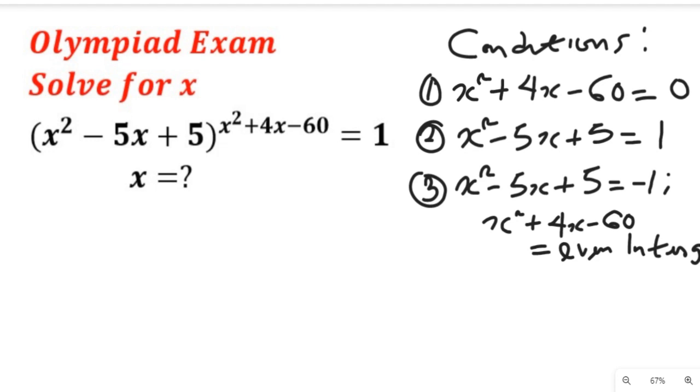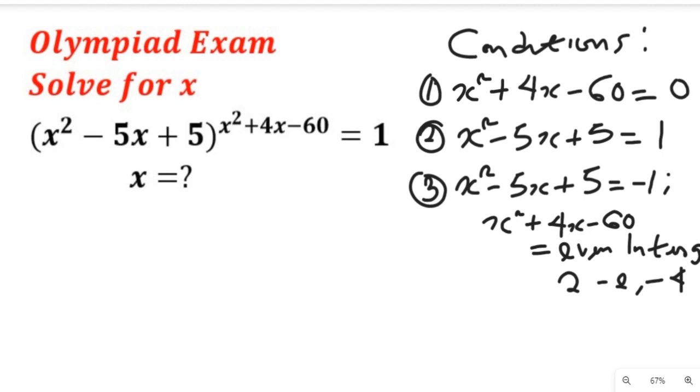It must not be an odd integer, it must be an even integer like 2, minus 2, minus 4, and so on. So only under this condition will the left-hand side of this equation become equal to 1.